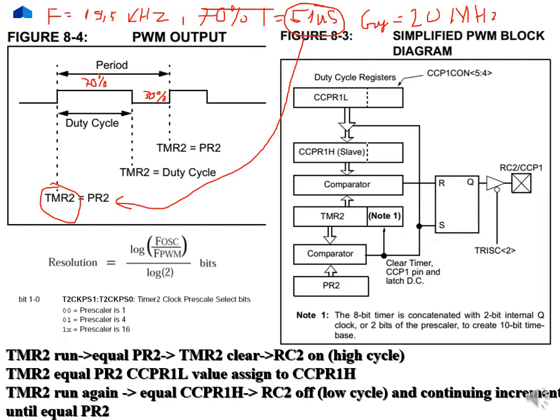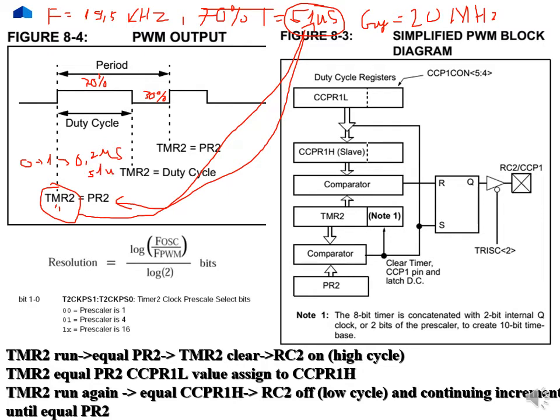To make the timer go to 51 microseconds, we have to give timer 2 how much it will count to. Timer 2 counting from 0 to 1 takes 0.2 microseconds, right?